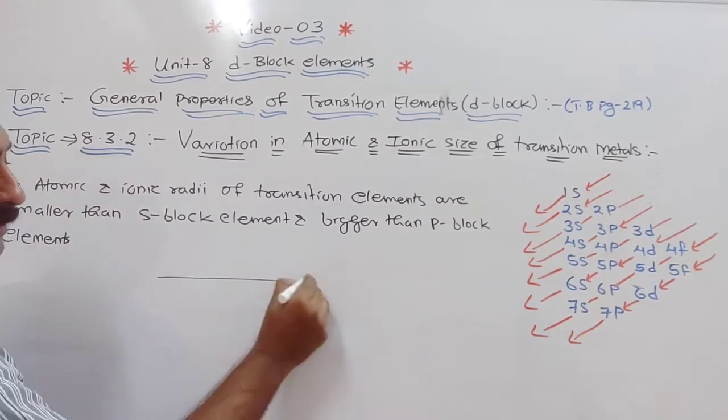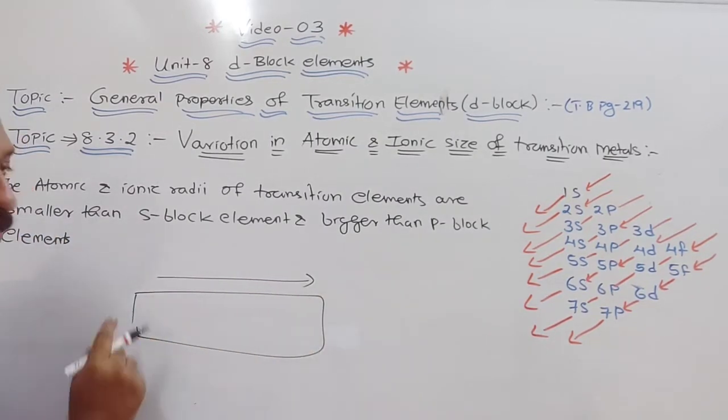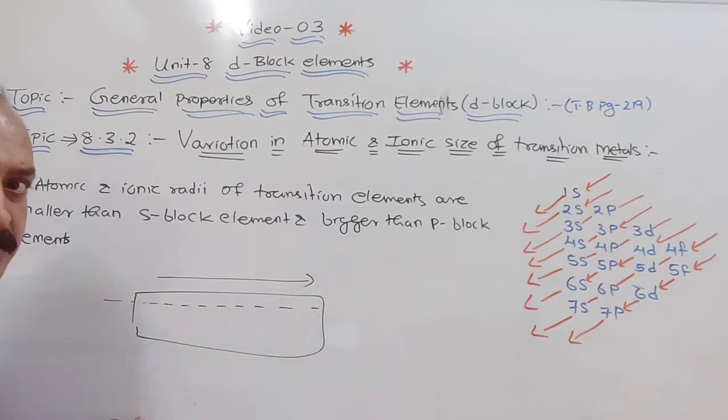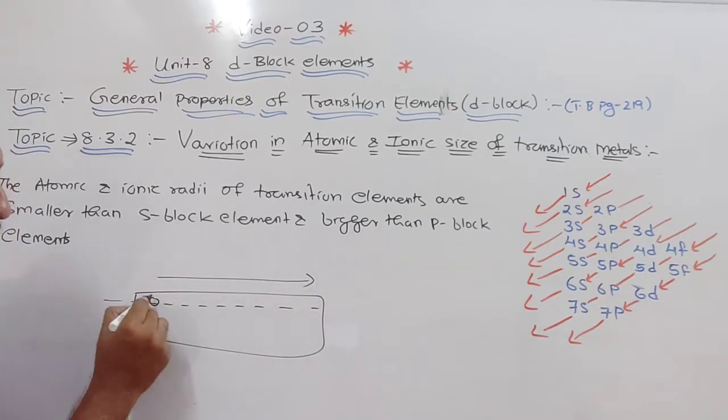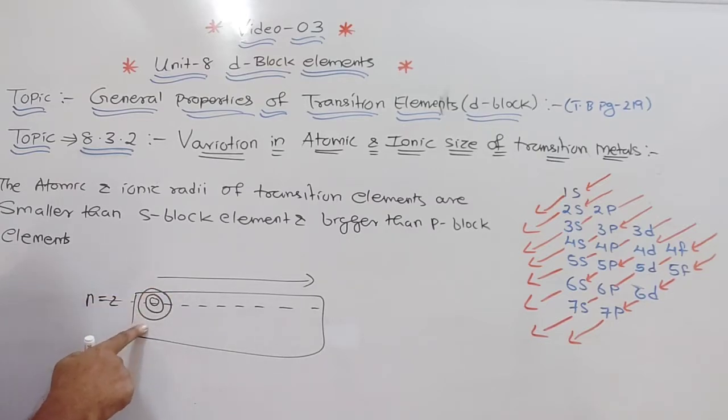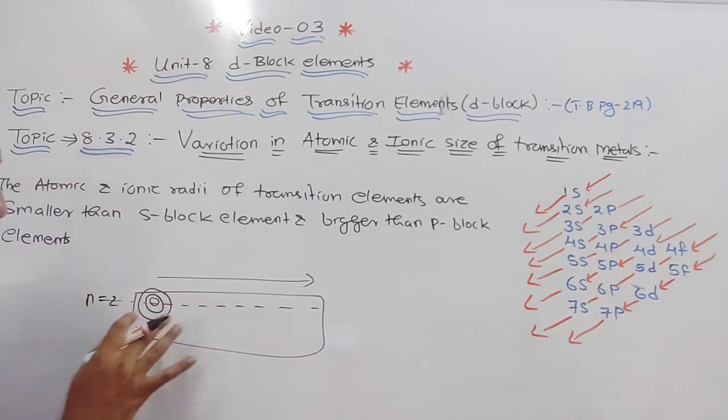Because when we go from left to right in a periodic table, the atomic number increases. Suppose n is equal to 2, this is the first element in a period.